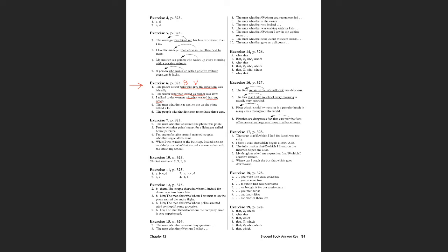Okay, and number 4, the man who or that sat next to me on the plane talked a lot. And then number 5, the people who or that live next to me have 3 cars.